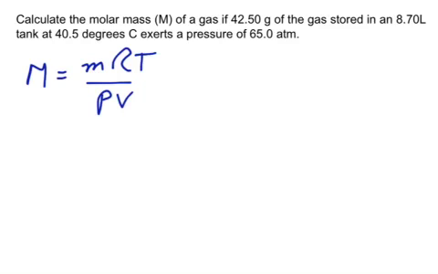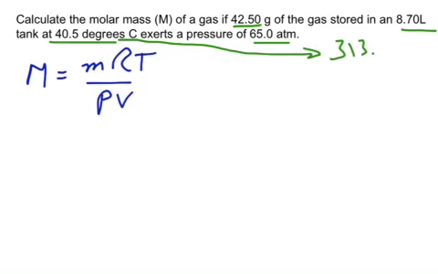And if you notice, when you go back up and look, we have a mass, so that's going to be little m. We've got a volume, we've got a pressure in atmospheres, and we've got a temperature in degrees C. I'm going to take that temperature right now and convert it to Kelvin. It's 313.5 Kelvin.